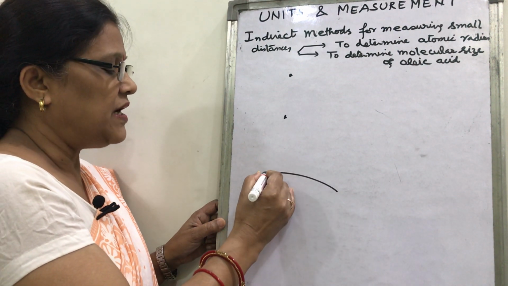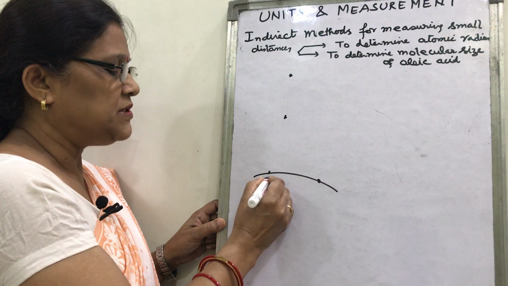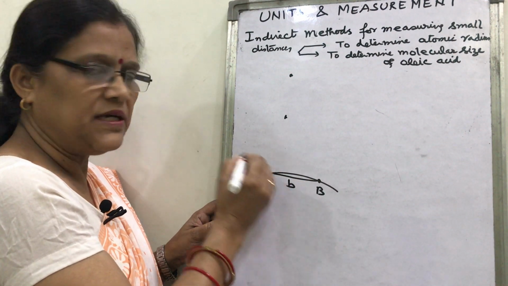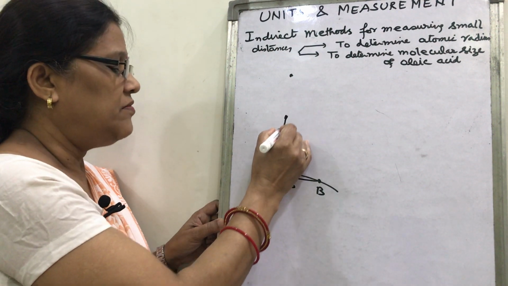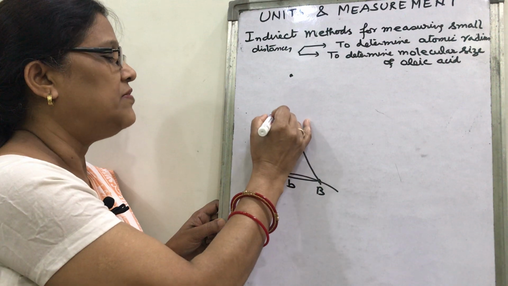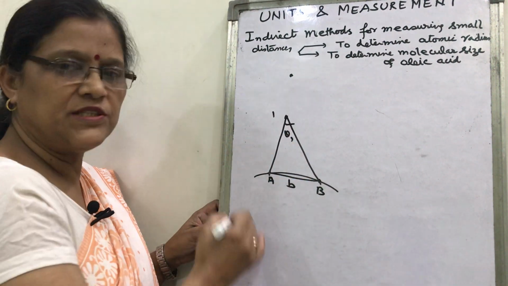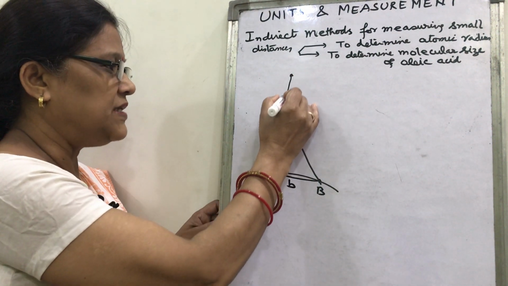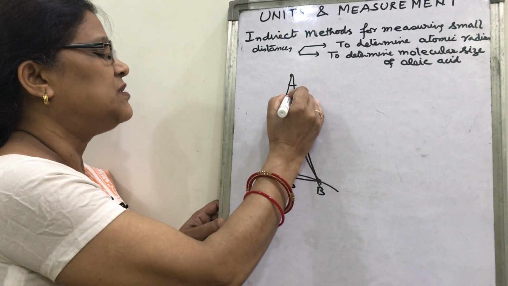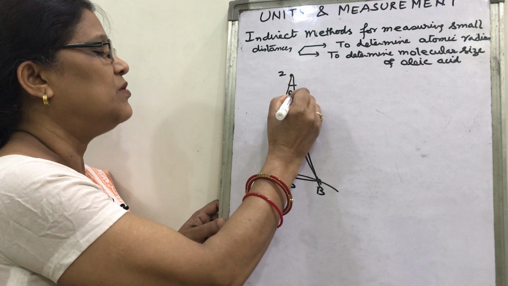You know that from the two places of observation, if you join these two places, this is called basis, and you have taken the parallactic angle for the first case, suppose this is theta 1, and for the second case suppose this angle is theta 2.